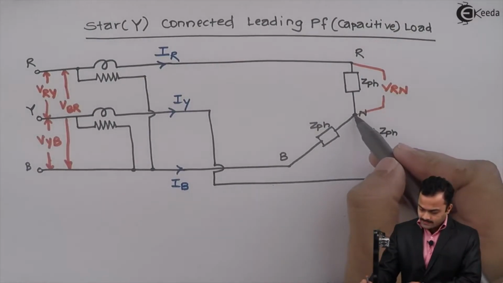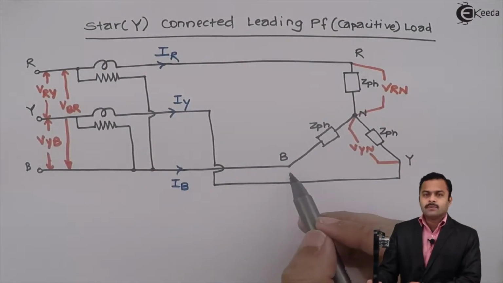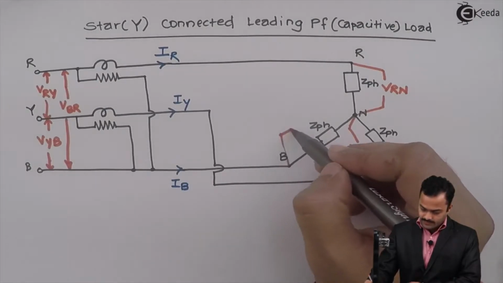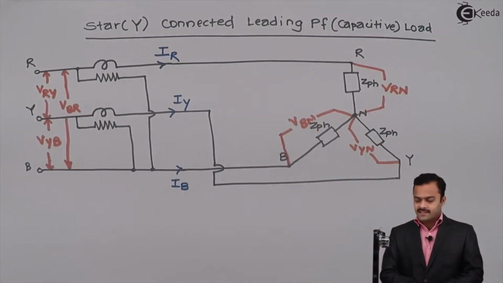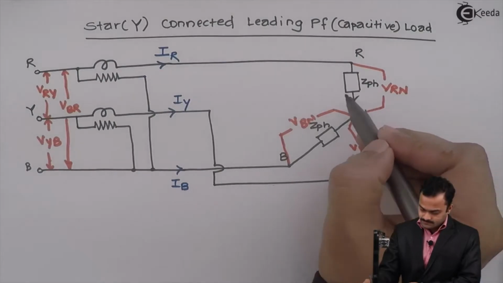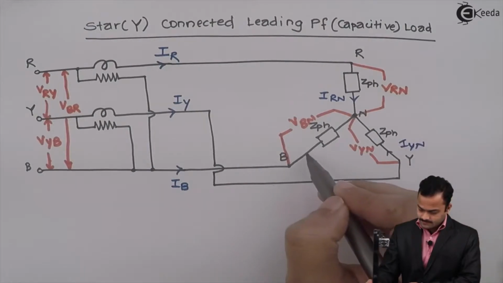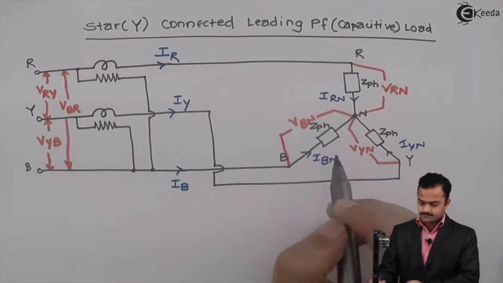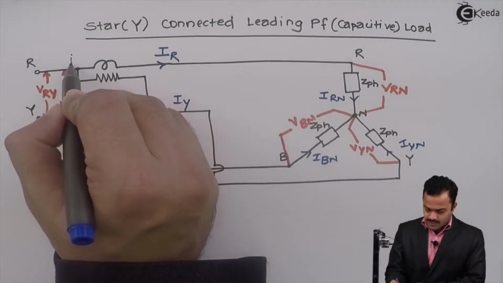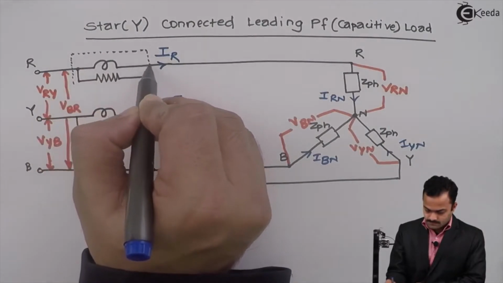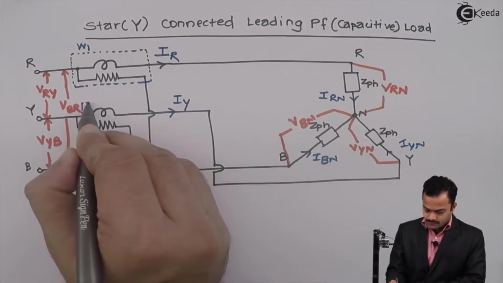Between Y and N I have VYN, and between B and N it is VBN. In the same way I'll have phase currents IRN, IYN and IBN. So this is the complete circuit diagram, and this particular part is wattmeter 1, and this structure is wattmeter 2.